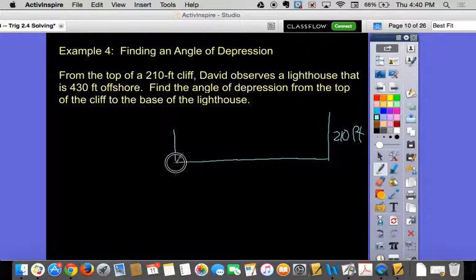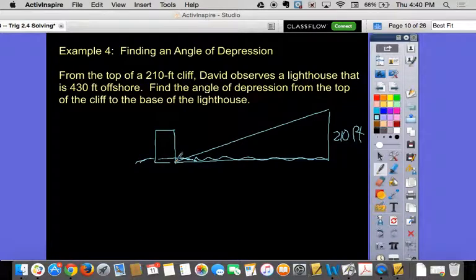So we got a little lighthouse off here, and we got some water. I told you my art was pretty bad. It is 430 feet offshore.